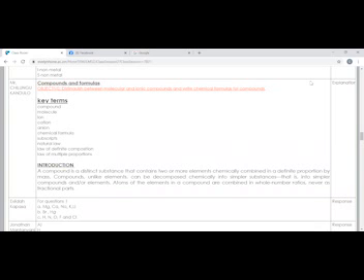Go and check again, and make sure you use the advanced editor. Refresh the page. Refresh your pages, okay?